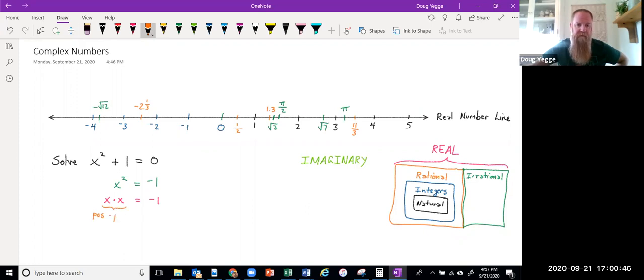Because if I multiply a positive number times a positive number, or I multiply a negative number times itself, regardless, that's going to equal a positive number. So how could it possibly ever equal negative 1?